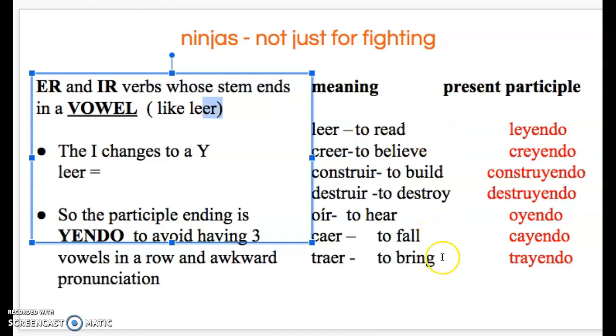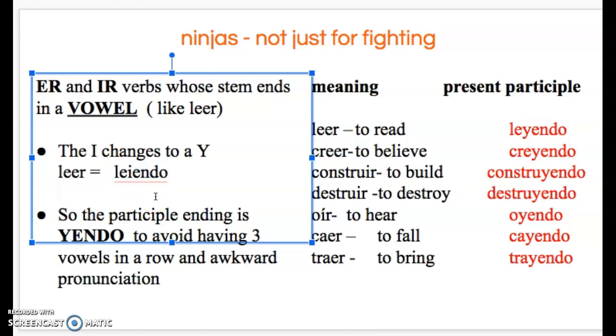And I have over here a list of the ninjas for you so you can see. Why does this spelling change happen? Well, it kind of makes sense. Take a look at leer. If I was making a participle with leer, I would say L-E, and then I would add my I-E-N-D-O. Well, there's just a big traffic jam of vowels right here. There's just too many vowels.